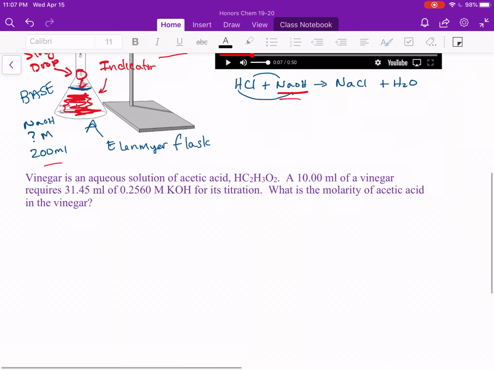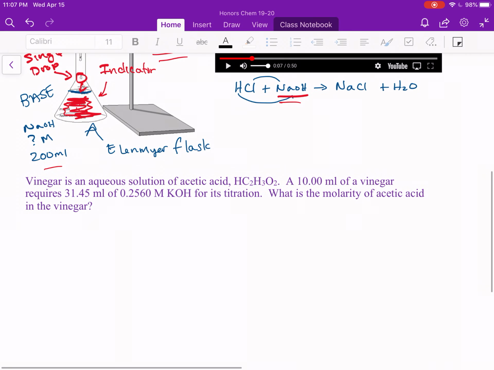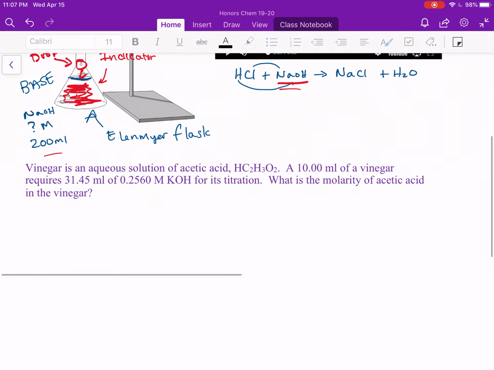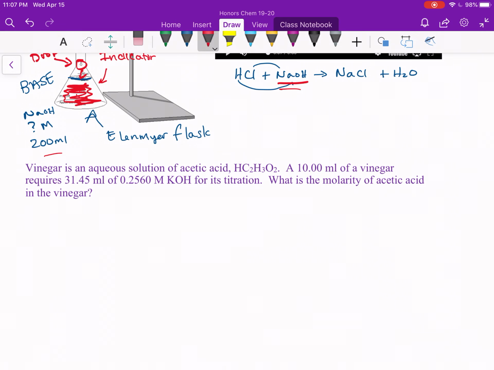And so let's say that we have this problem, and vinegar is an aqueous solution that contains acetic acid. And we put 10 milliliters of the vinegar into our Erlenmeyer flask. And when we did that, we put some KOH that had this concentration up in our burette.